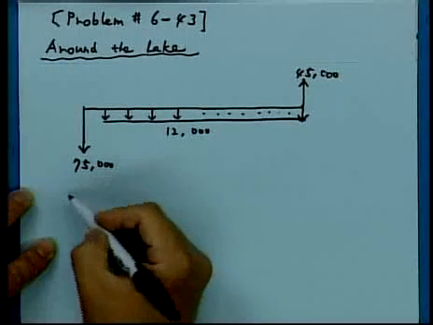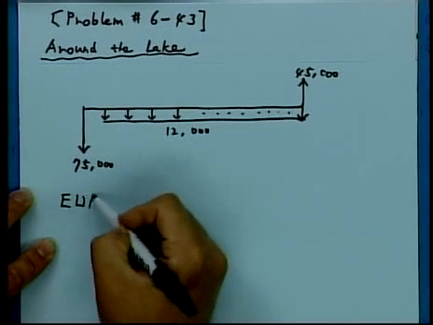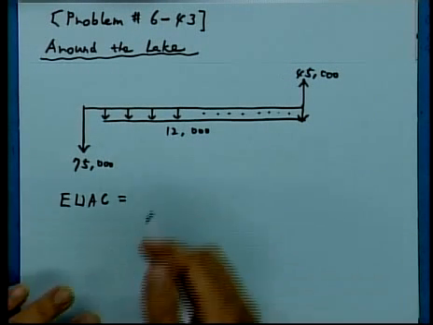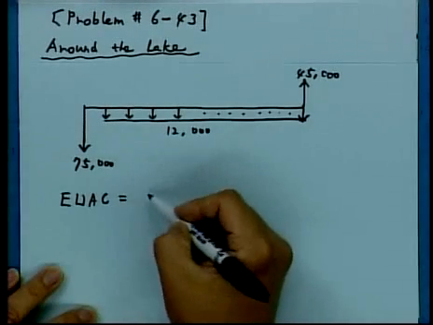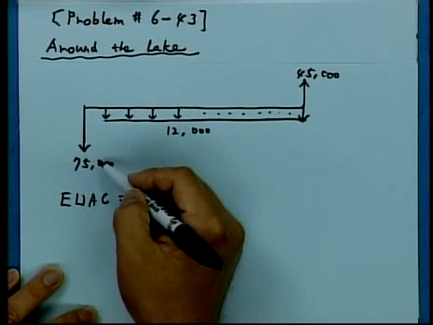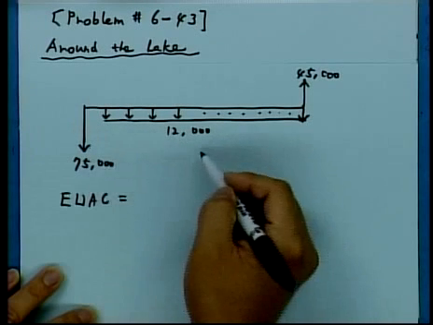So we can compute the equivalent uniform annual cost of this plan. First you need to convert $75,000 to equivalent uniform annual cost.